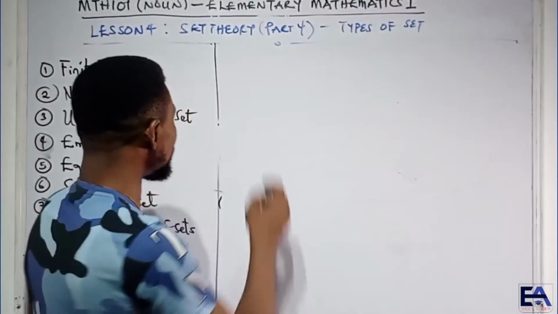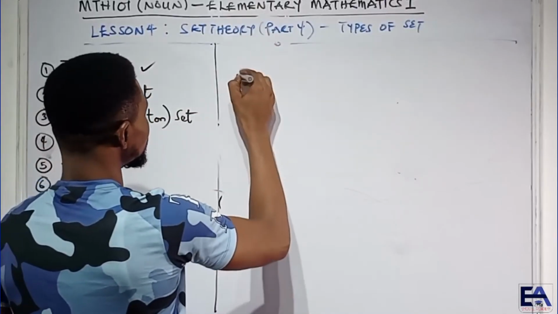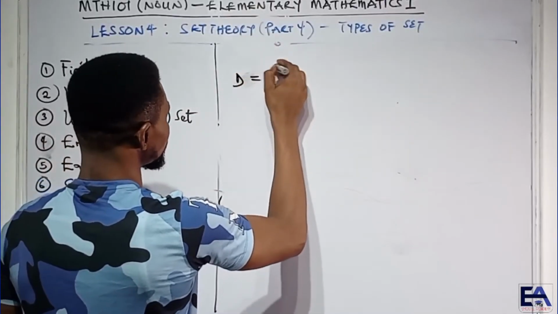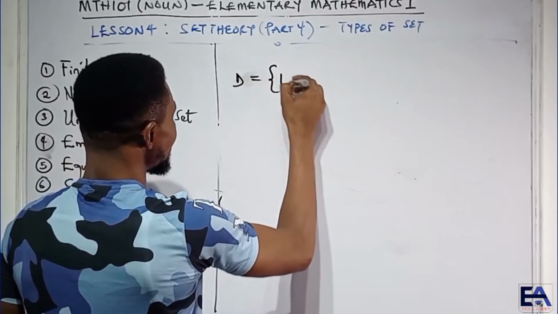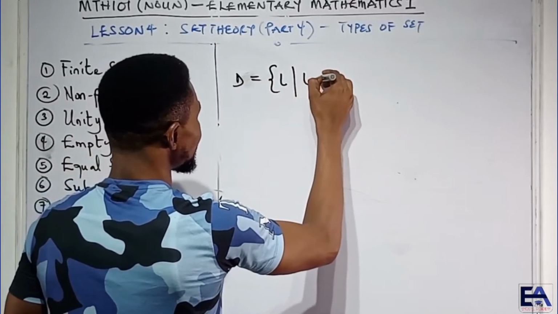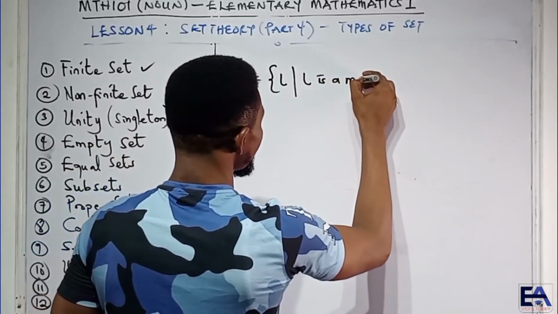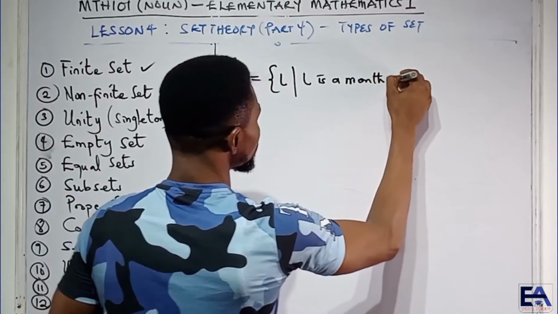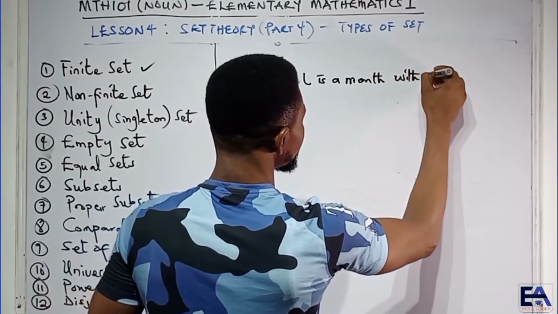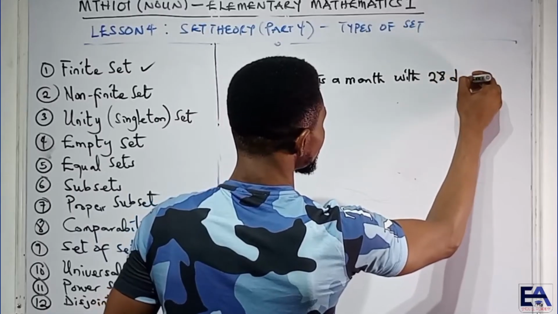Okay, example, you can have, let's say, D is a set of L, such that L is a month with 28 days.